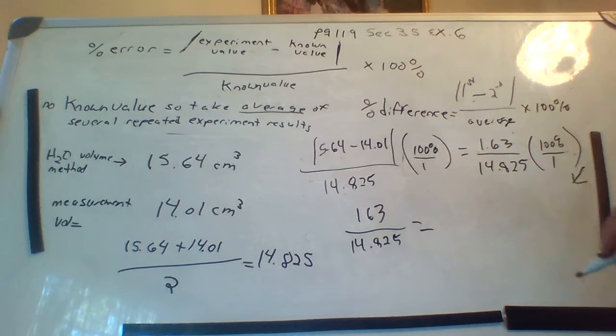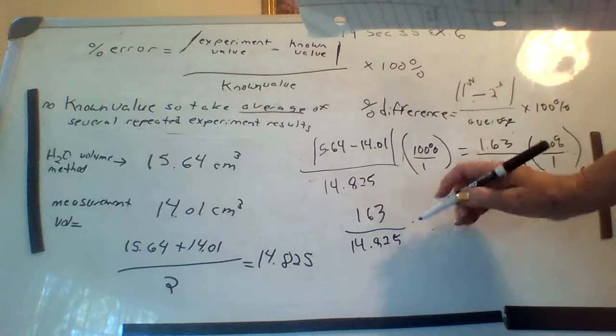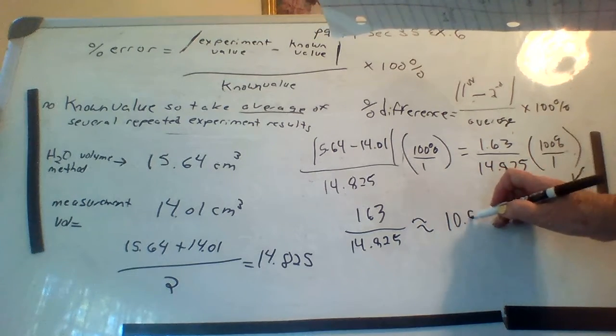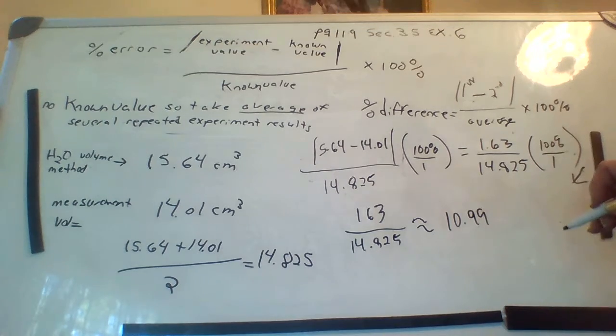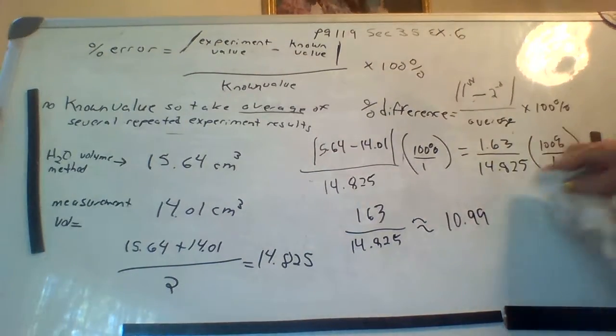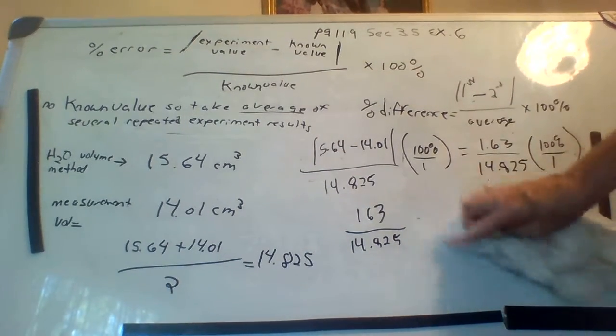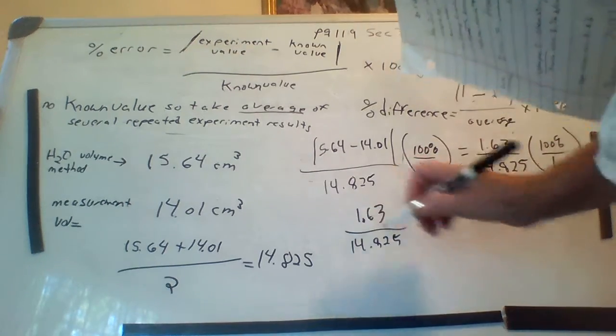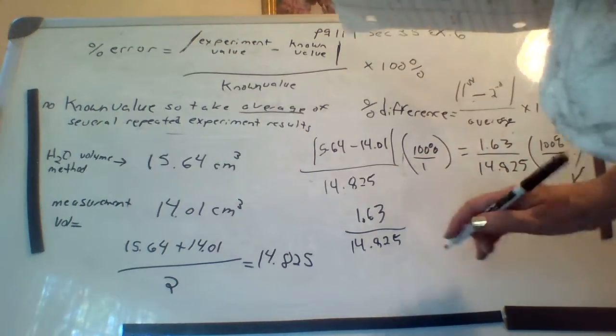And with that, when you do that on the calculator, you're going to get approximately 10.99. We want percent, don't we? So I don't want to give it my percent. Let's go back. Let's go ahead and leave this as a decimal. Sorry. We're going to divide that out.